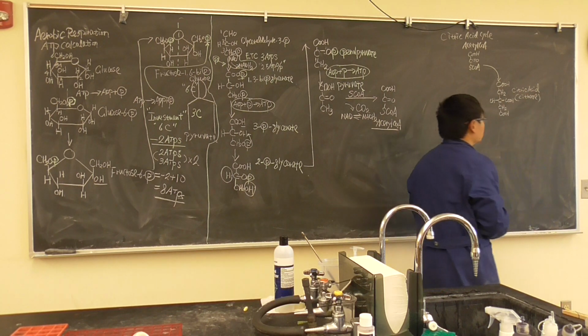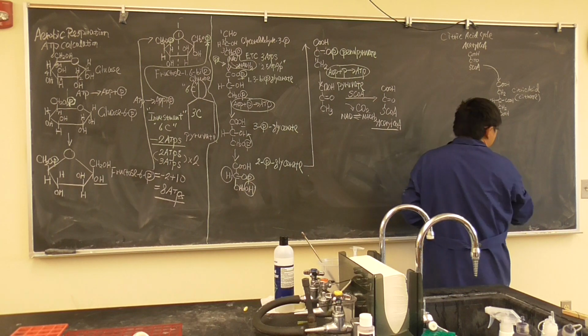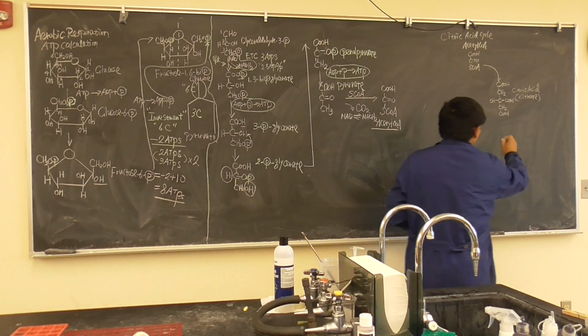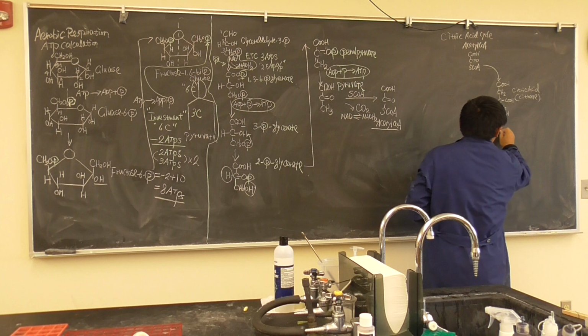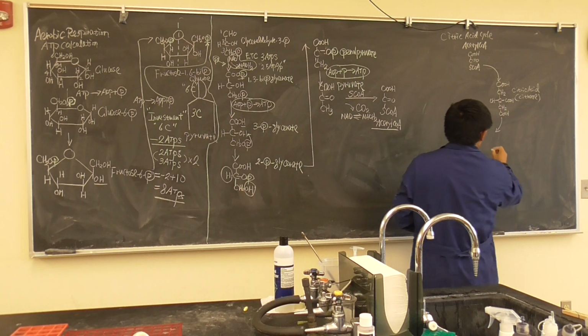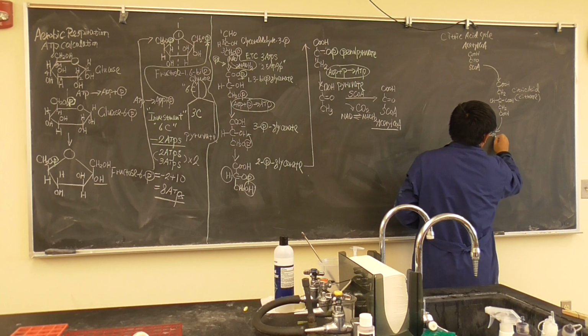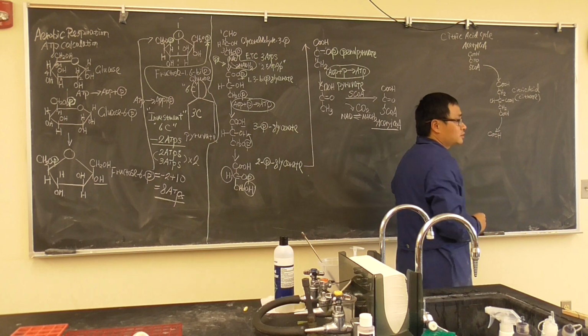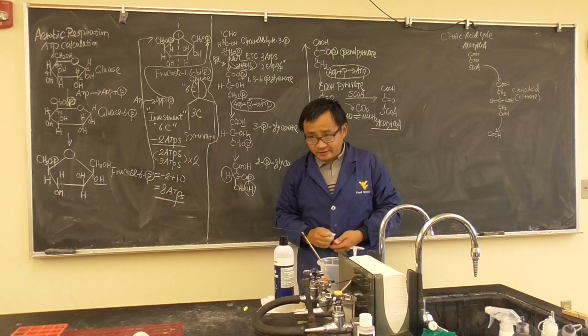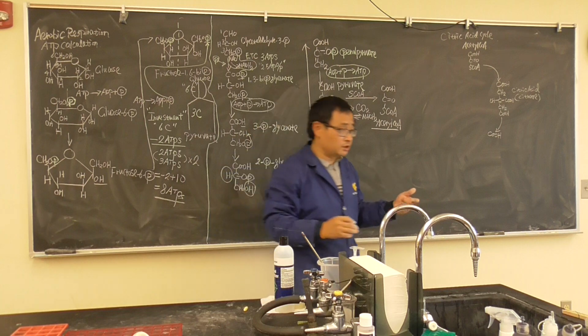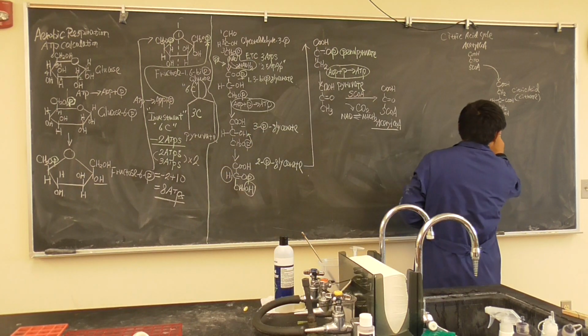Different textbooks have different names. Citric acid for bacteria, E. coli, makes it a little bit easy. The next one will directly become isocitric acid. You can also say it's alpha cis-aconitate. We don't have this one here, so we make it a little bit easy.